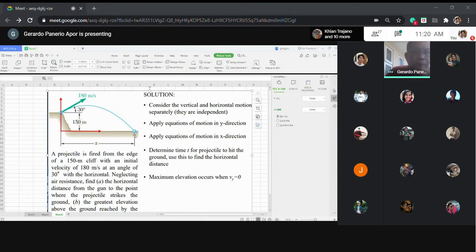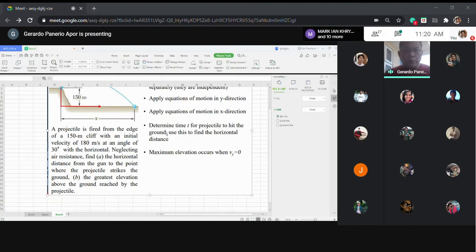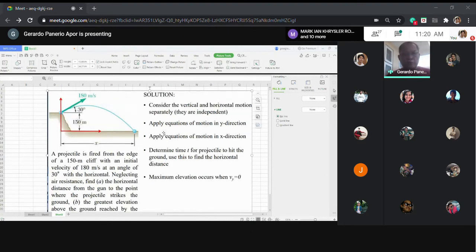Okay. So there will be a separate equation vertical and a separate equation horizontal. If you are talking about the horizontal equation, X is the change of position of the projectile.